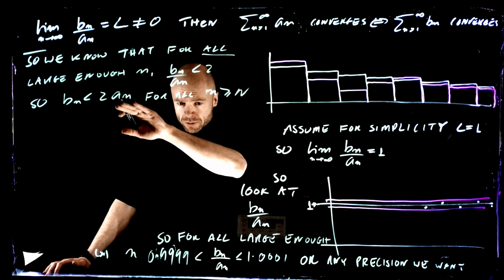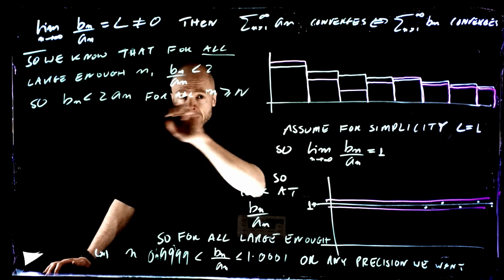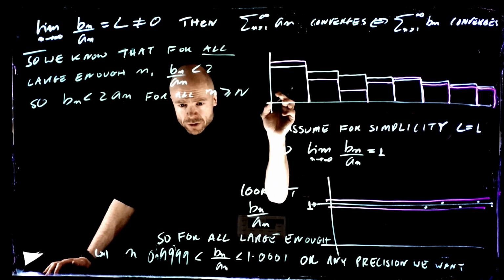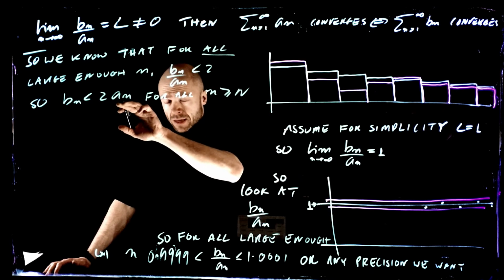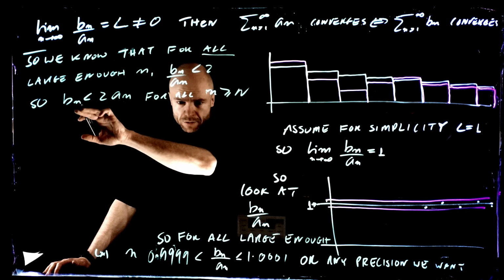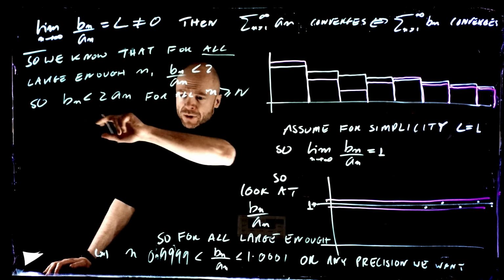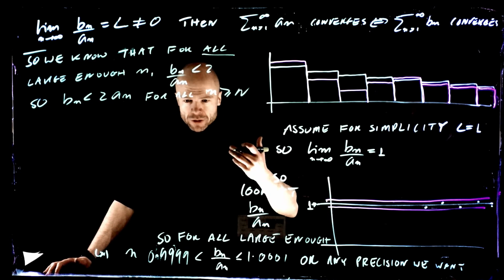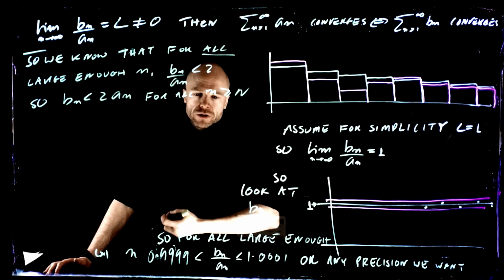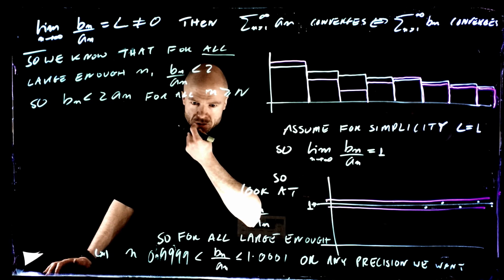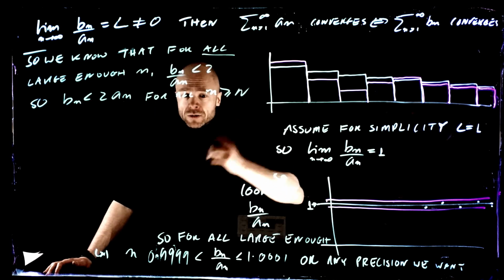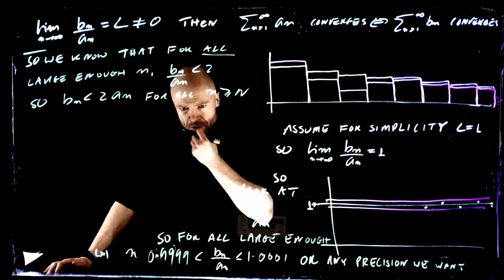So if we sum from capital N onwards, the fact that this one converges means that this one converges. And the first terms from 1, 2, 3 up to capital N are just finite numbers, so that's not going to affect the convergence or otherwise of this series. So this is strong enough for us to conclude that if an converges, then bn has to converge.